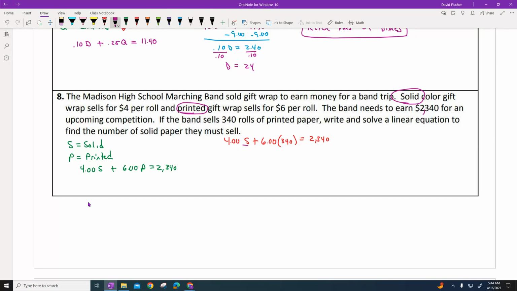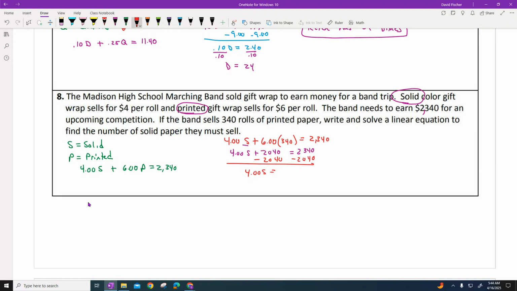Alright, let's see how we did. You did $6 times 340, which would be 2040, I hope. Still have the 4.00S over here. Hopefully you got rid of the 2040. So then you had $4 S equals 2340 minus 2040.